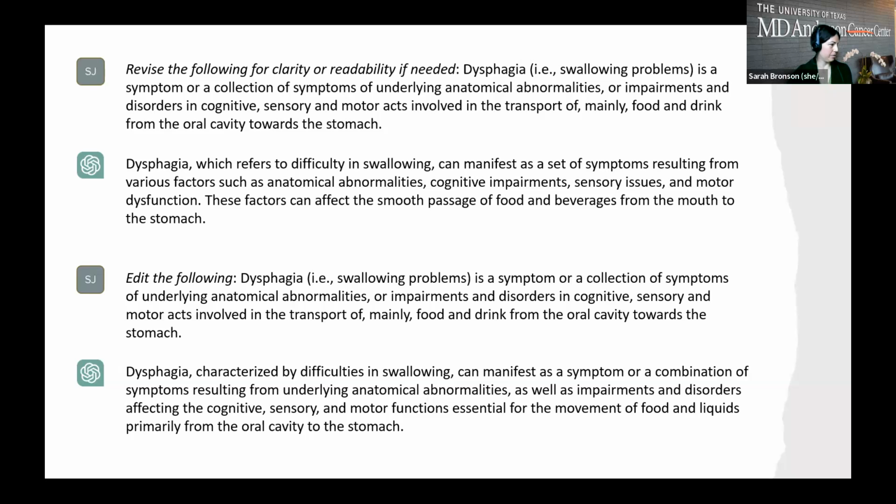An example, just a really specific issue I had with this as an editor, was the way the phrase "the movement of food and liquids primarily from the oral cavity to the stomach" was written.